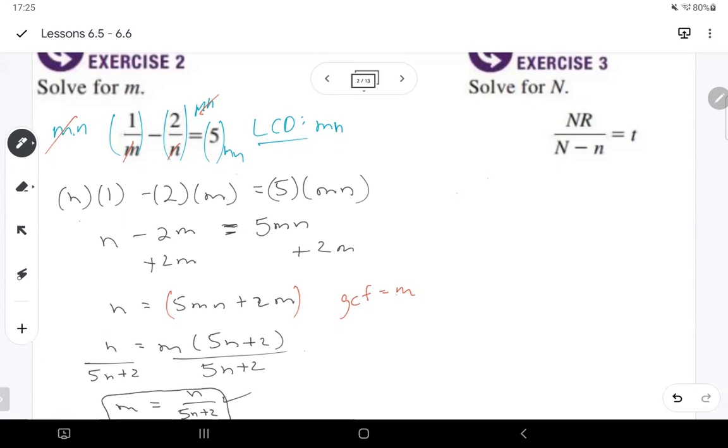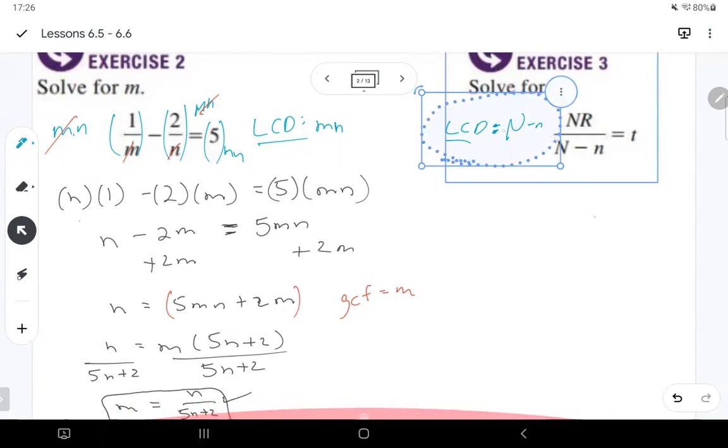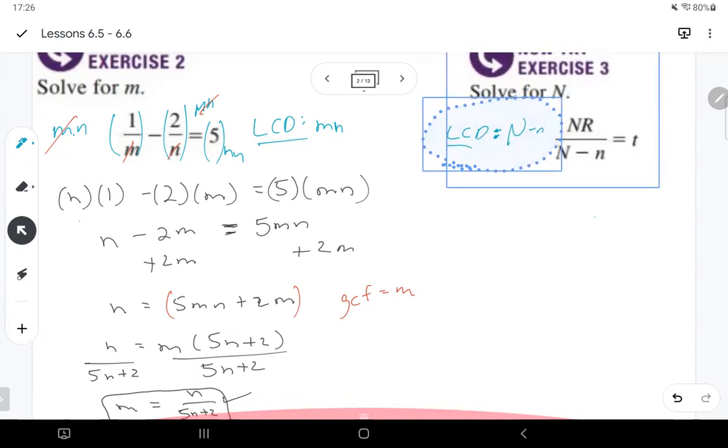Now, the next one, you could see it a couple of different ways. You can say that the LCD is just equal to the only denominator that you see here, which is n minus N. Or you could just multiply both sides by the denominator.